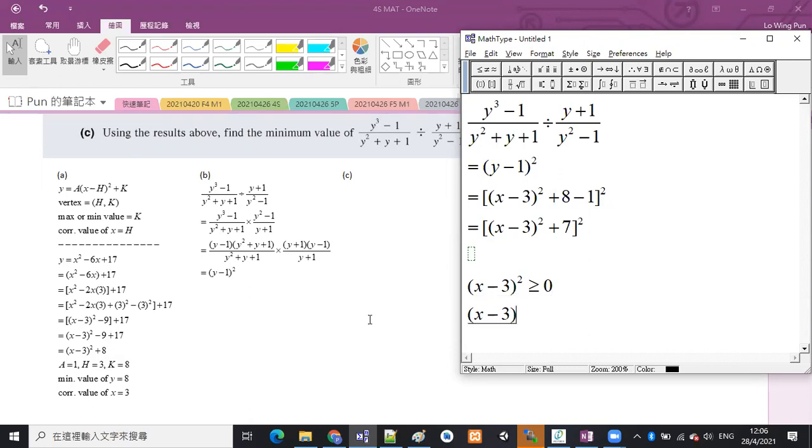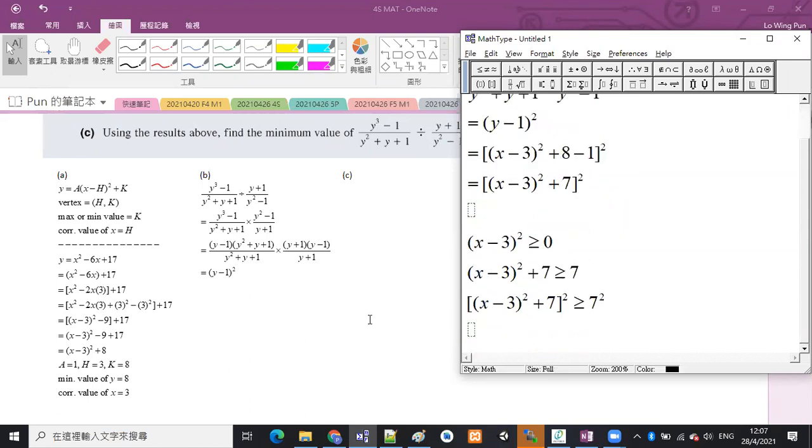And then x minus 3 squared plus 7 is always larger than or equal to 7. Still following? And then x minus 3 squared plus 7 bracket square is always larger than or equal to 7 square.